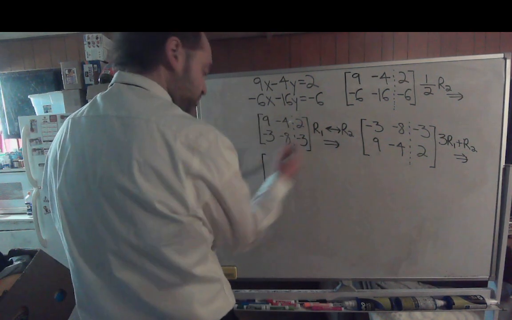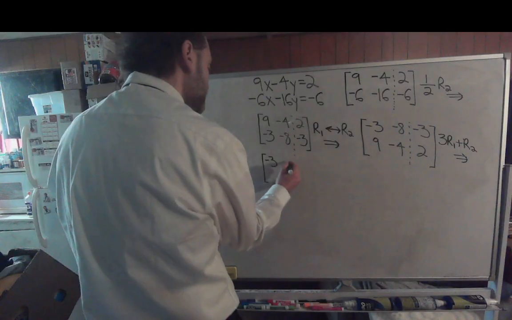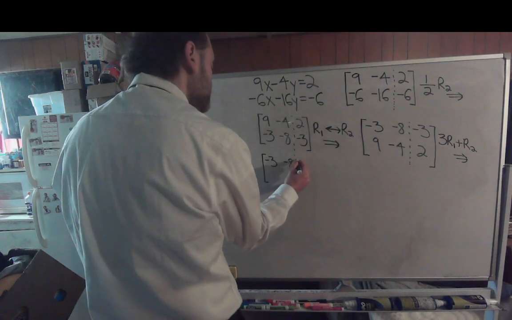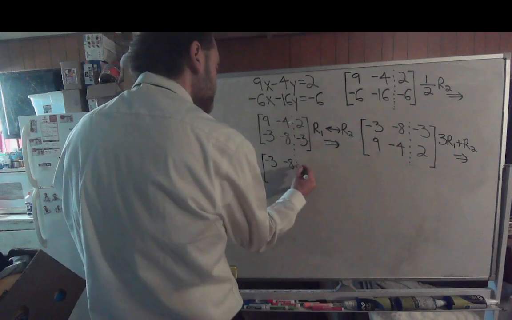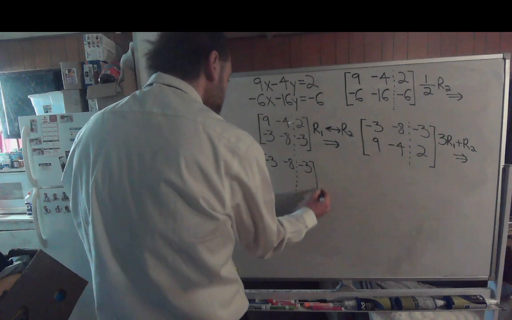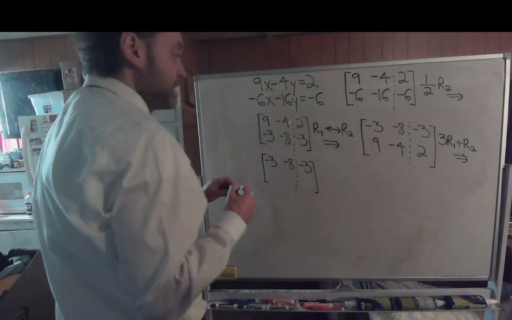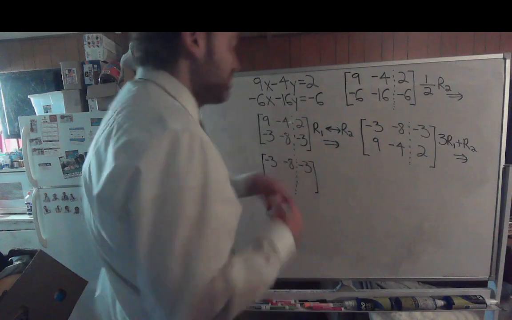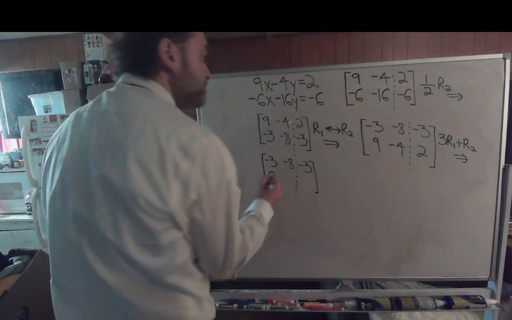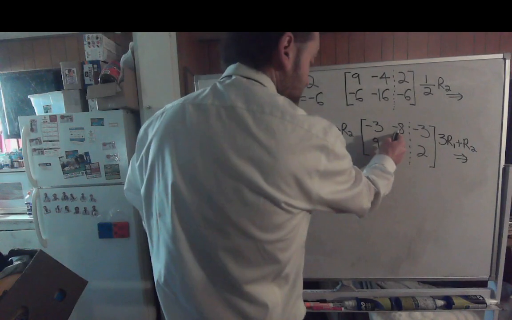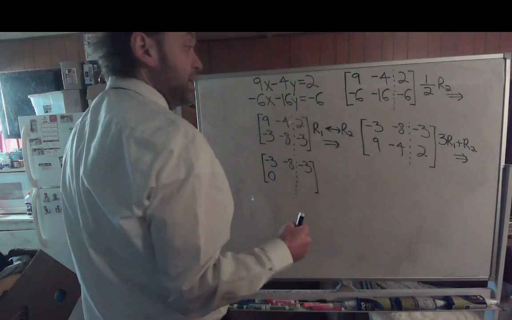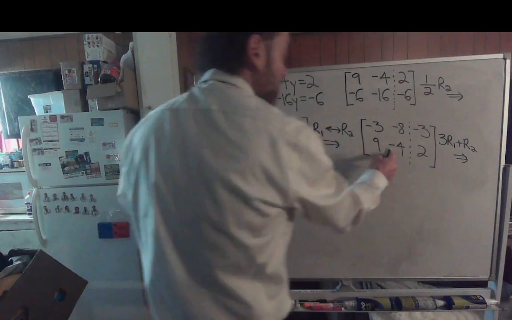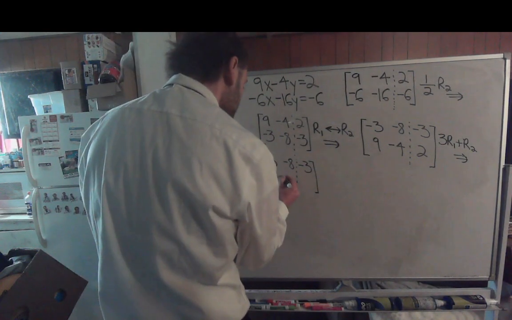So leave your first row alone for a moment. -3, -8, -3. Alright, so then 3 times -3 is -9, plus 9 is 0. Alright, 3 times -8 is going to be -24, minus 4 is -28.